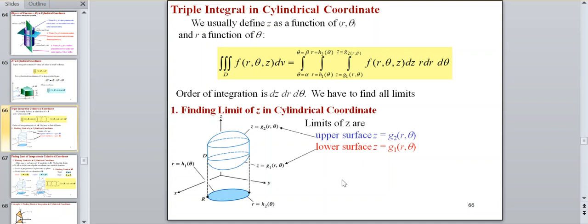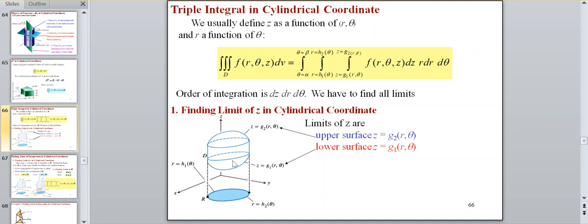Do you remember that when we describe the region D in Cartesian coordinate system, we used to say z is from a lower surface to an upper surface? In Cartesian, the equation is z equals f1 of x and y to f2 of x and y.